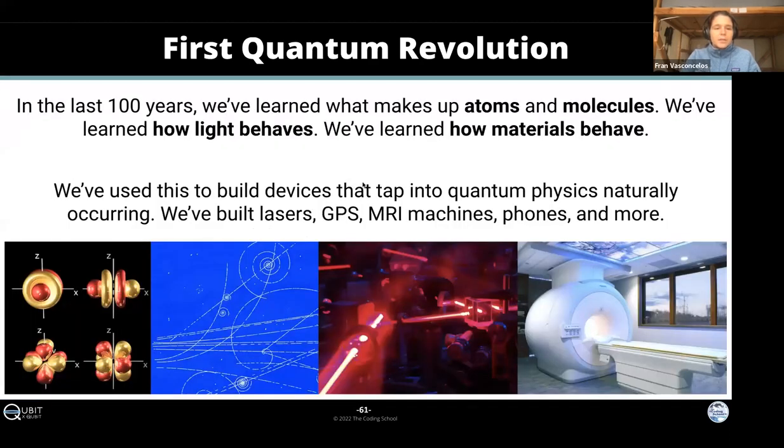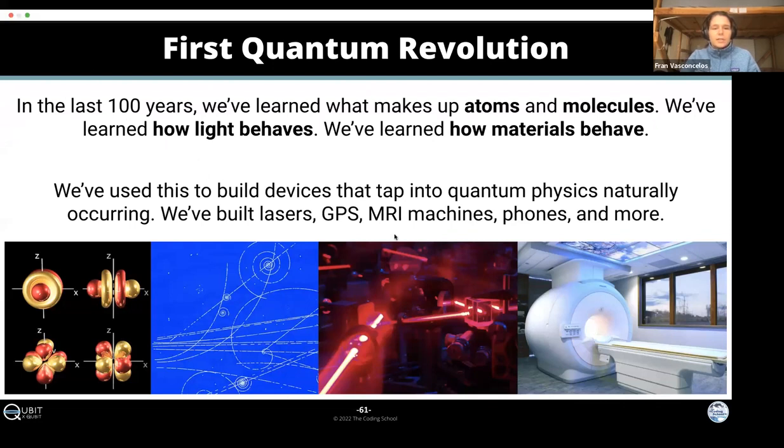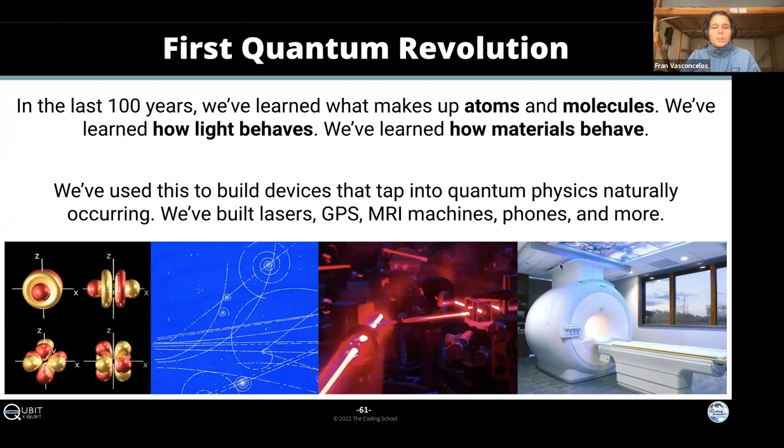As part of this first quantum revolution in the last 100 years, since the early 1900s, we've learned what makes up atoms and molecules, and we've also learned how light behaves and how materials behave, and the interaction between them at the small scale. Through this understanding, we've been able to build devices which leverage quantum physics.